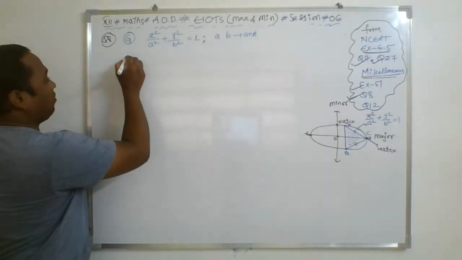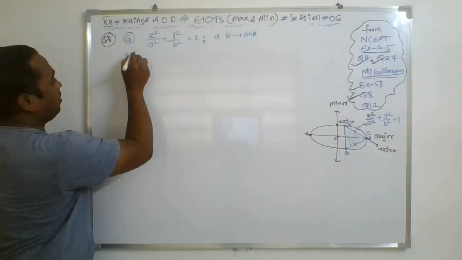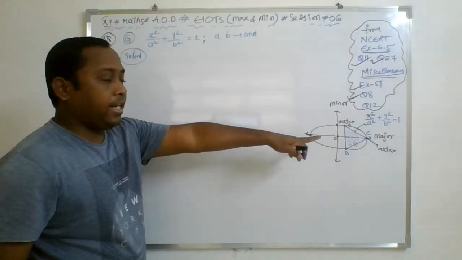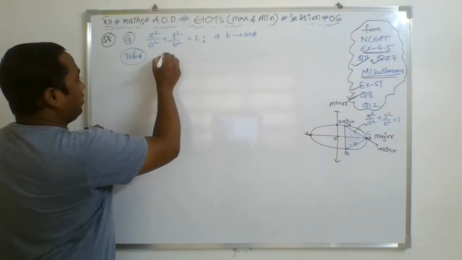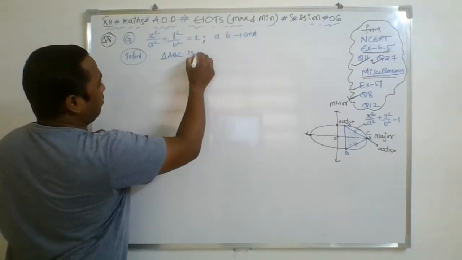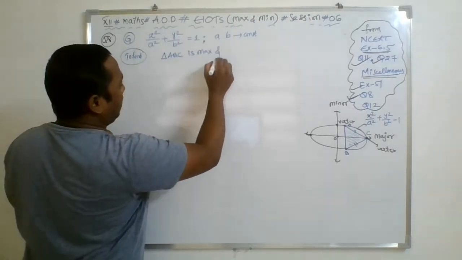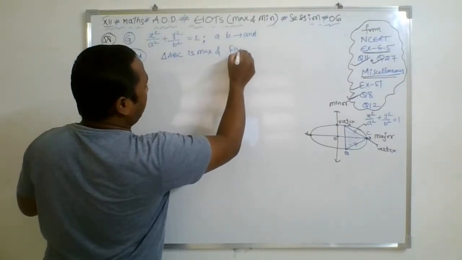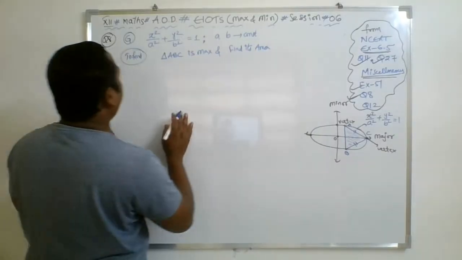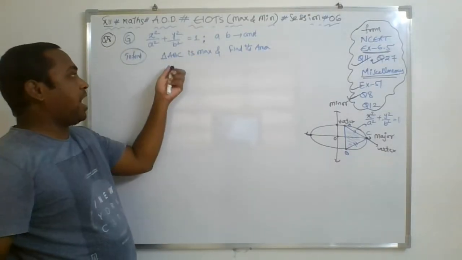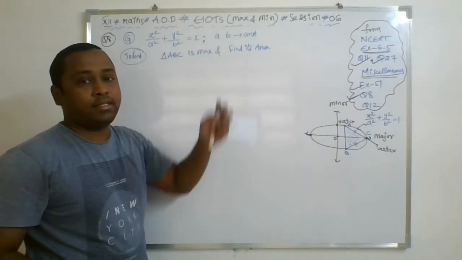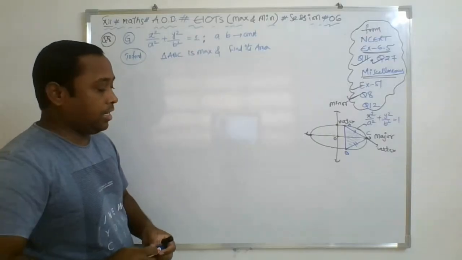Now in a given figure, what is to be found? Show that the area of triangle ABC is maximum, and also find its area.